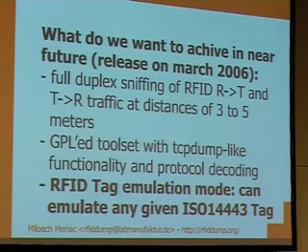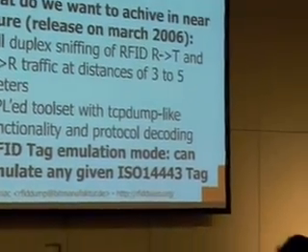So what do we want to achieve? We want to add the simpler part, in this case the reader to tag sniffing, into one device, so you can do a full duplex sniffing. So you see both parts of the communication at the same time. You don't have to switch actively.